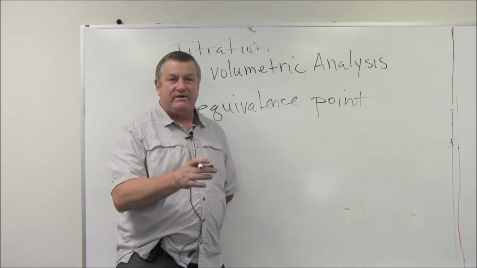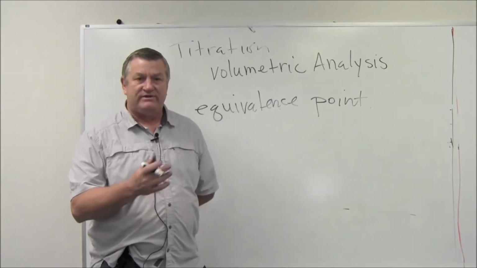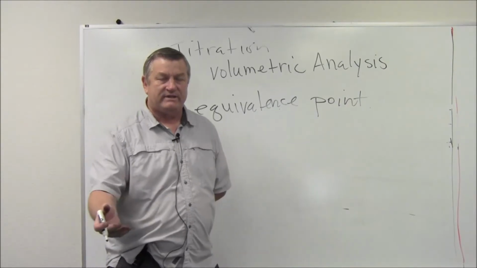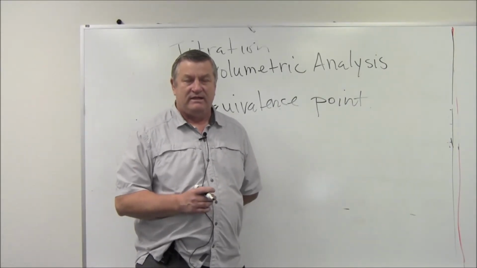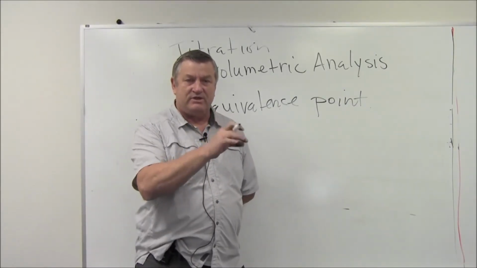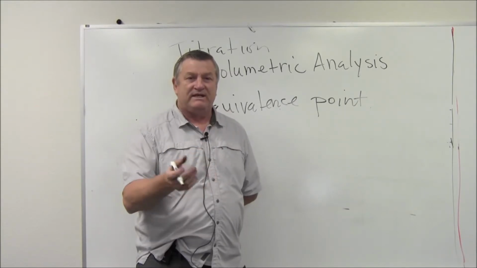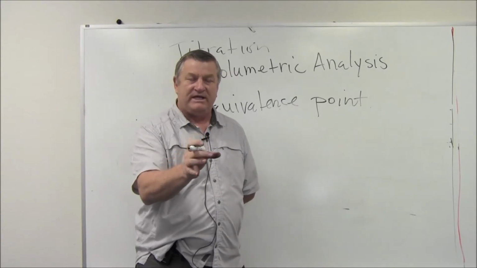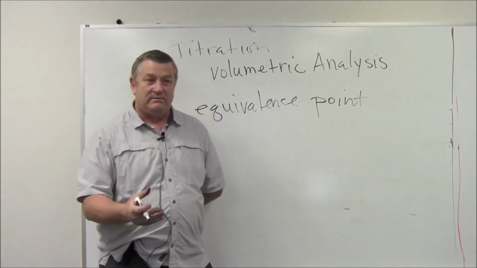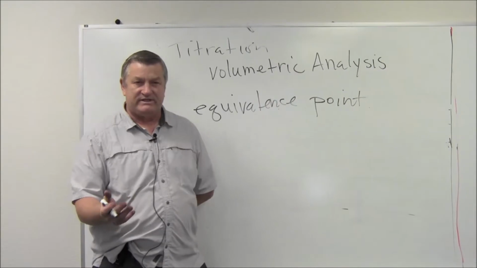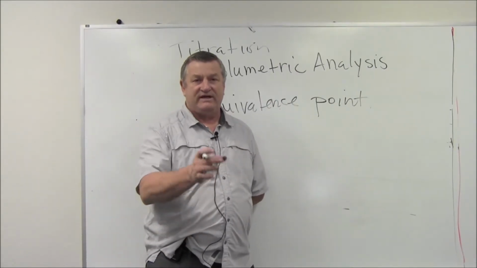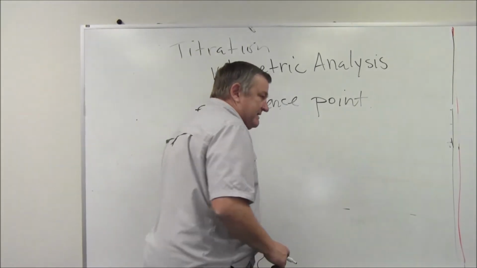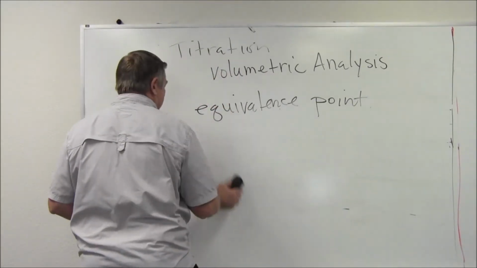And so we already know the moles we used using math of how much known it's going to take to react with all of our total unknown. And so using the coefficients, mole-to-mole coefficients, we can make a conversion factor and convert moles of known to moles of unknown. And then by knowing how many liters of unknown we started with, we can divide it by liters of unknown, and we have molarity of unknown. So let me write that on the board. That's essentially what we're doing.